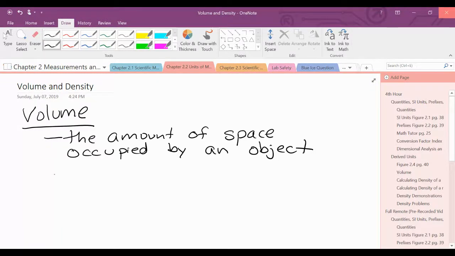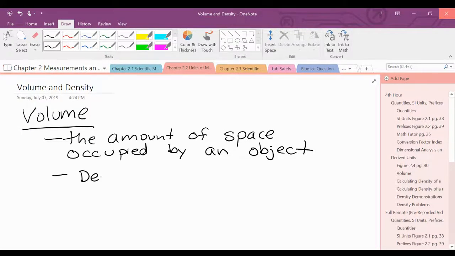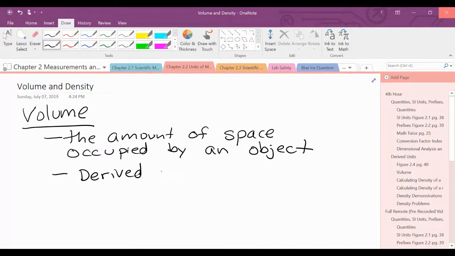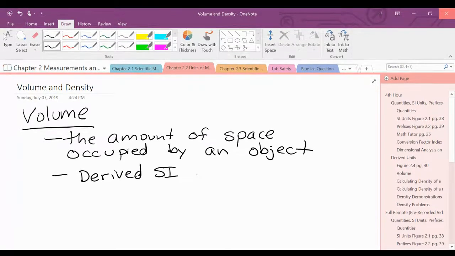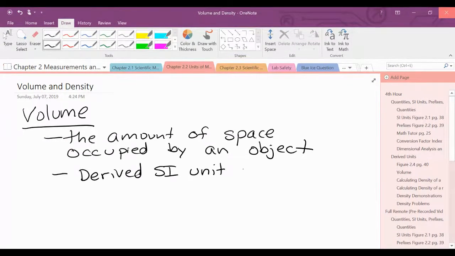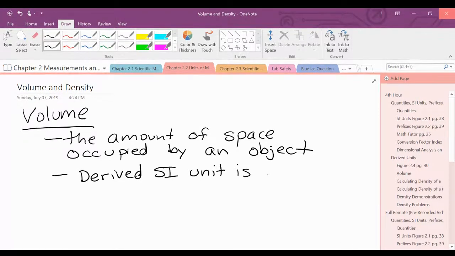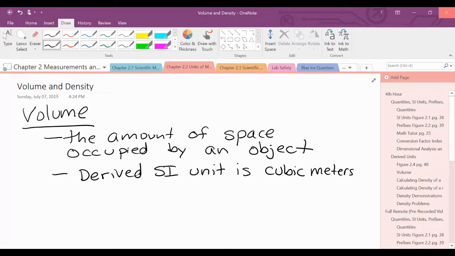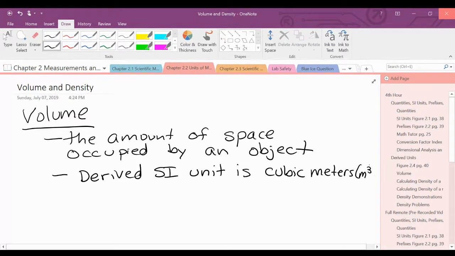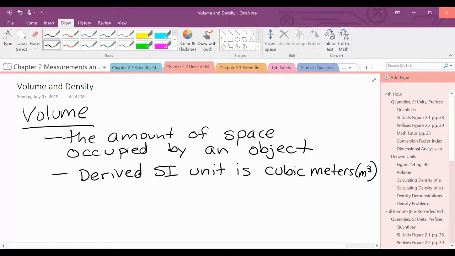And so the derived SI unit is cubic meters. Now this is a very large measurement, and so we will not use cubic meters for our calculations.